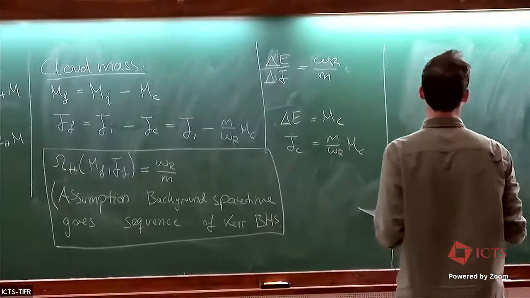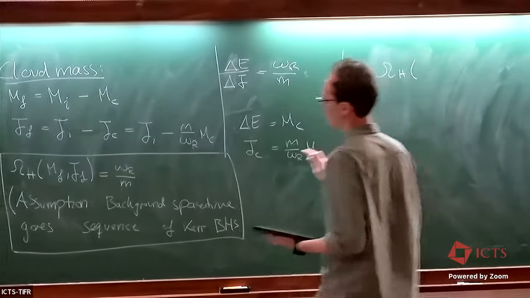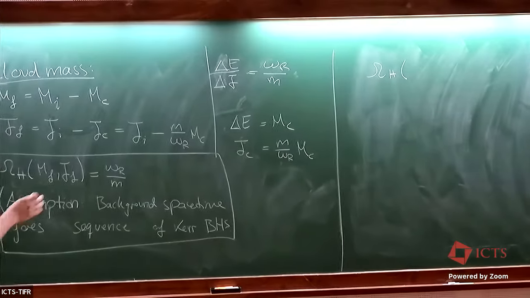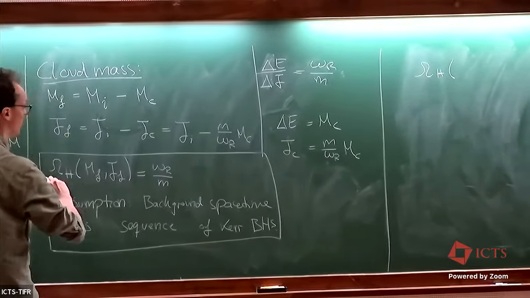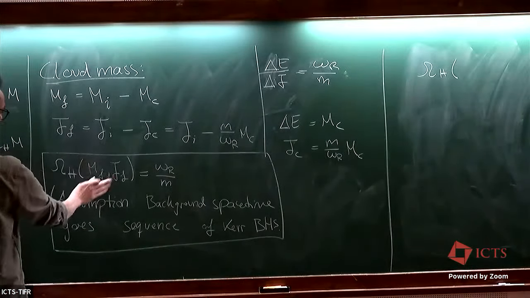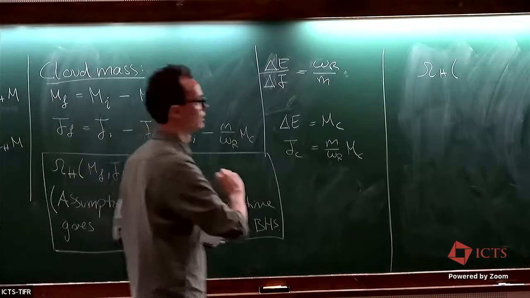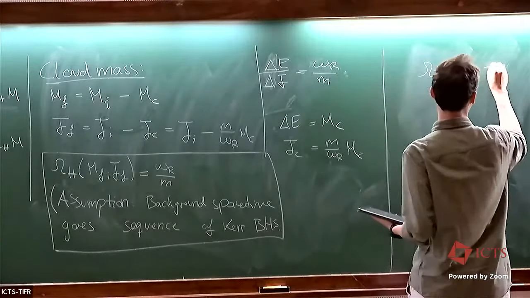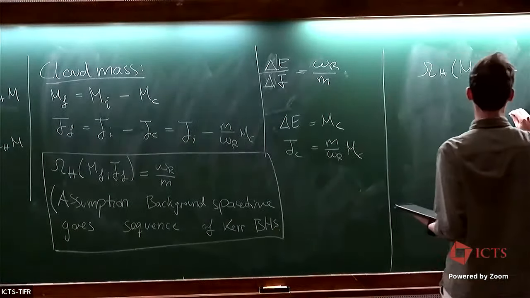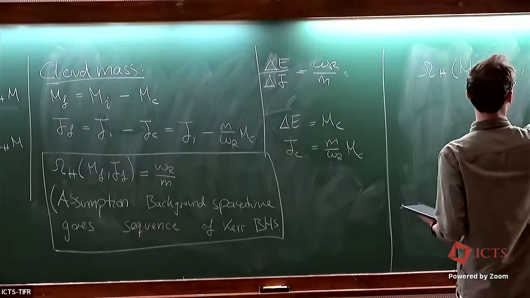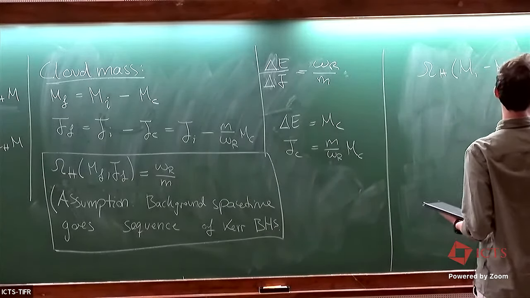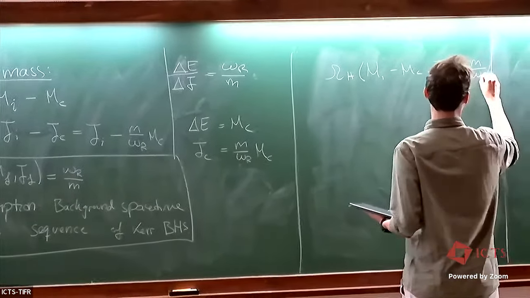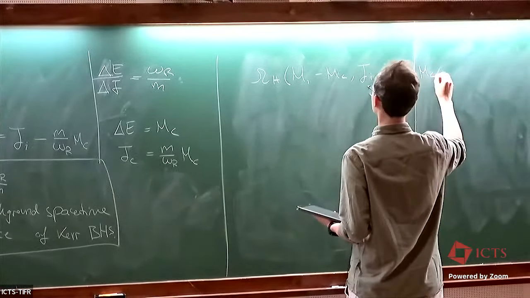But what you want to do is, you want to use these two expressions, right? Because we're trying to figure out what the cloud mass mc is. And so plugging those two expressions into the horizon frequency, we basically get the initial mass of the black hole minus the cloud, and then the initial angular momentum of the black hole minus m over omega r times the cloud mass.